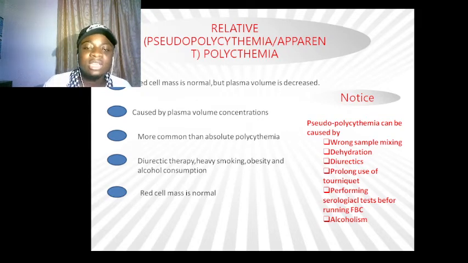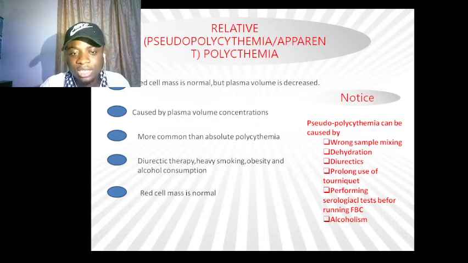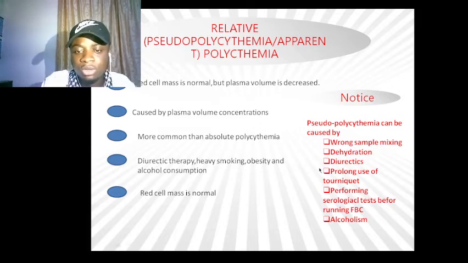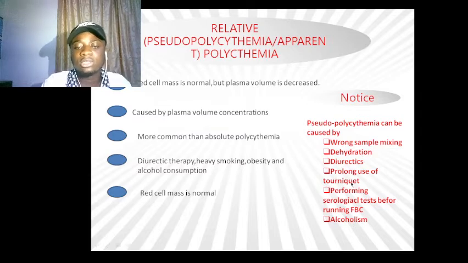And that is why you must ask questions when a patient visits you in your facility. Try to rule out all these things that we are talking about. You understand? Very important.